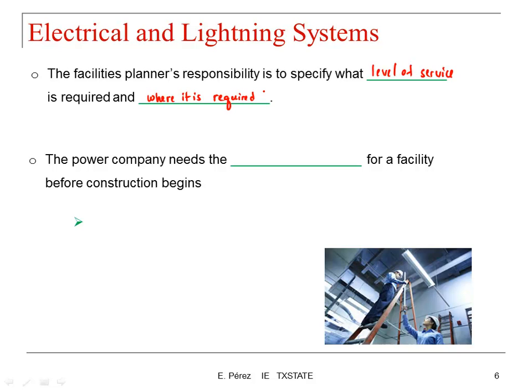The power company needs the electrical load requirement for a facility before the construction begins.